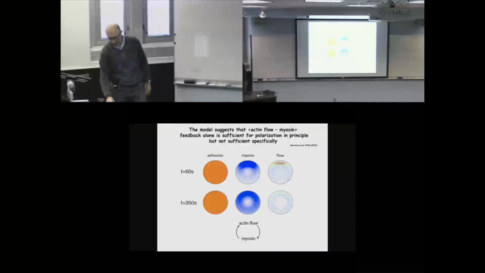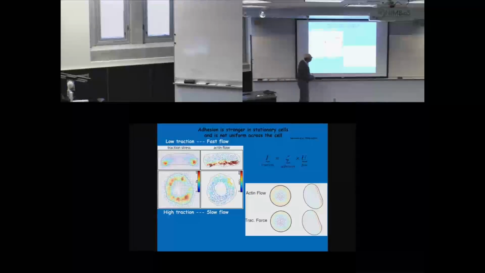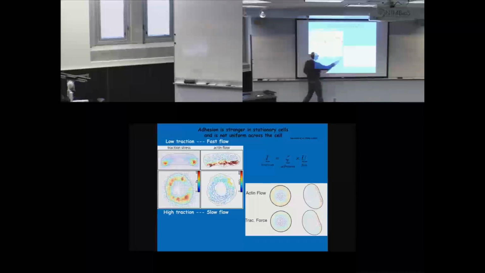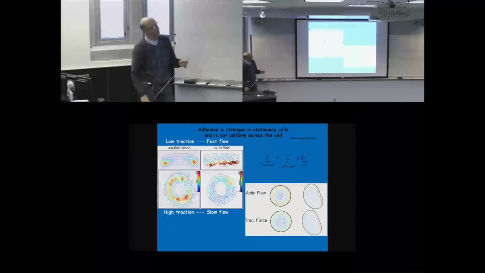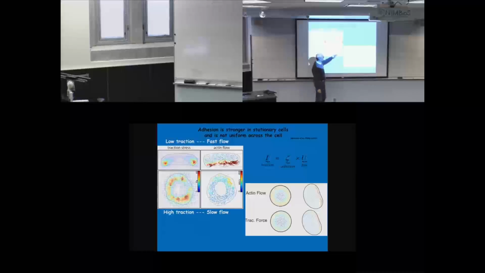So the hint of what we're missing comes from the following observation. So far in the model, we assumed that the strength of adhesion is constant. But the strength of adhesion can be estimated if you divide the force of adhesion, the force of drag due to adhesion, by the local flow of actin.